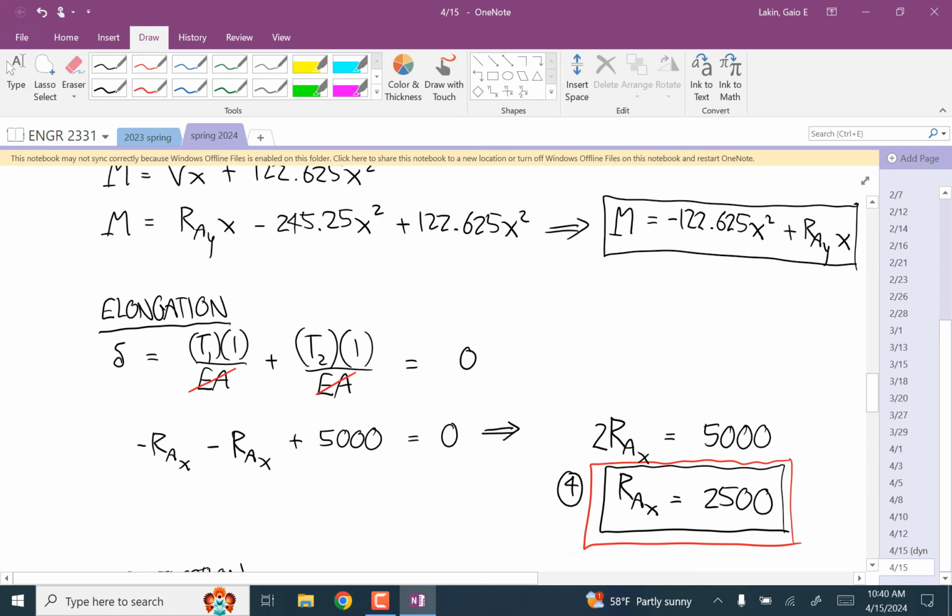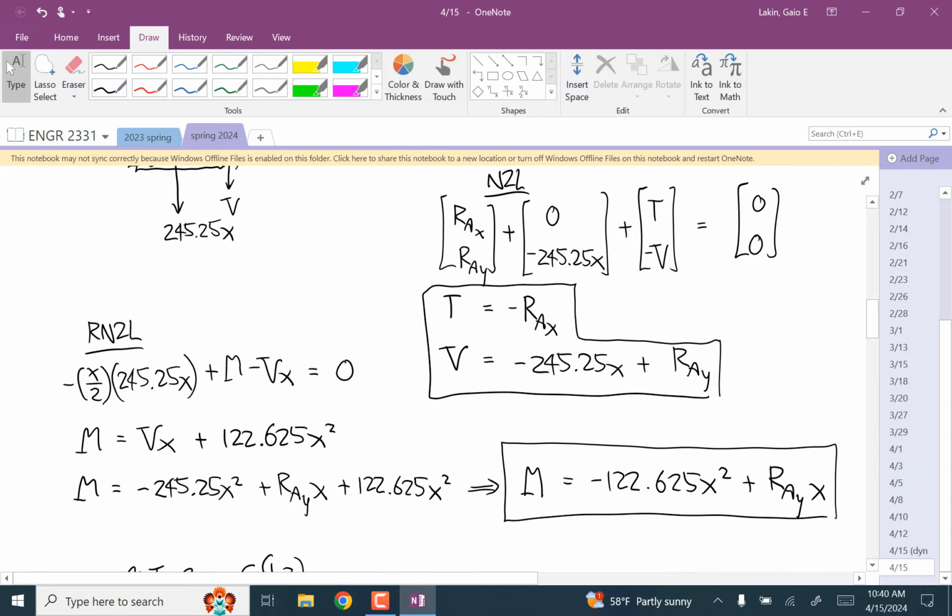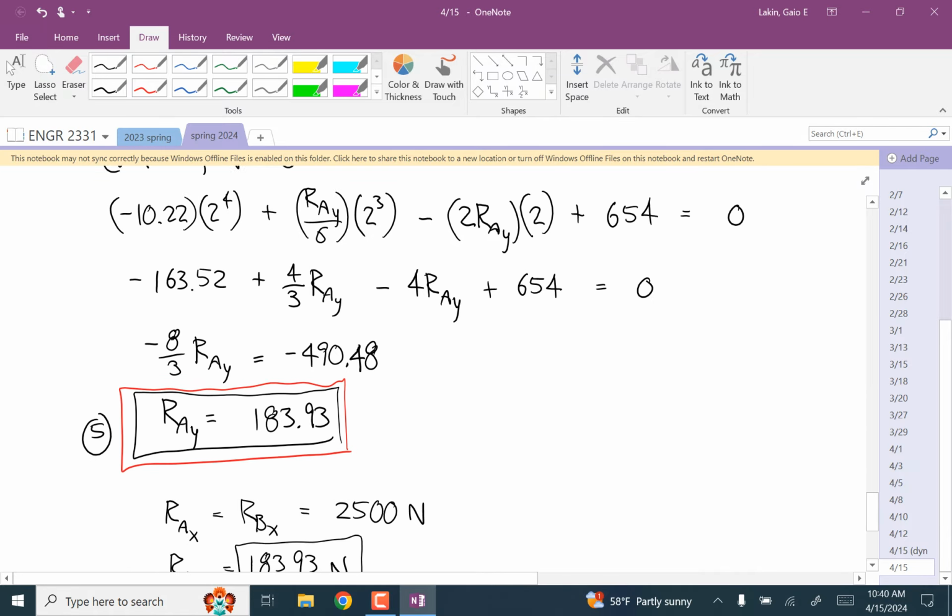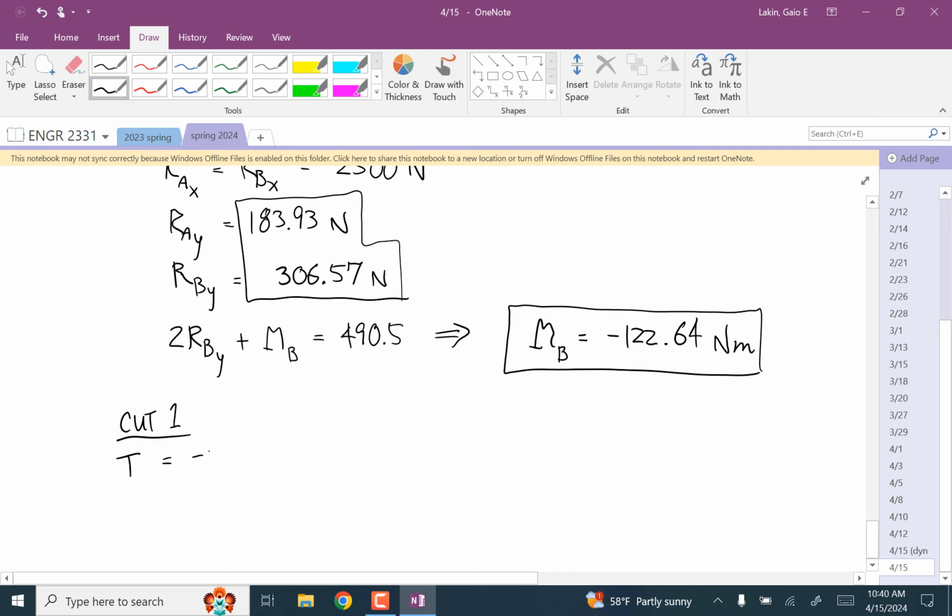our internal tension is equal to negative RAX, so it's in compression of negative 2,500.